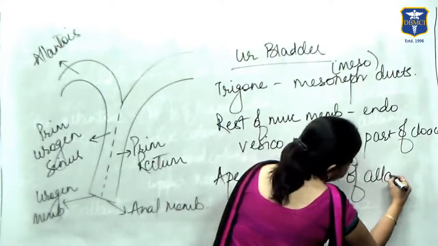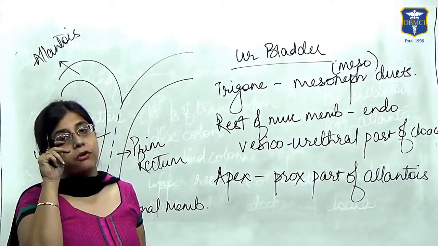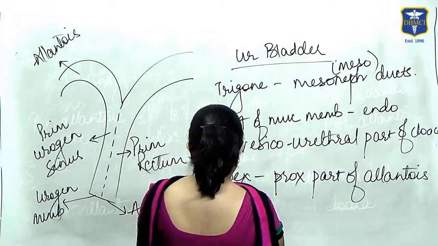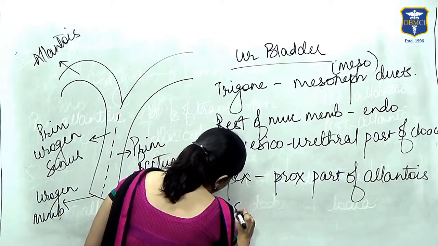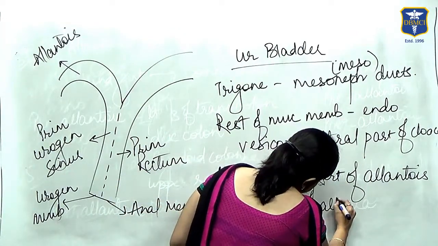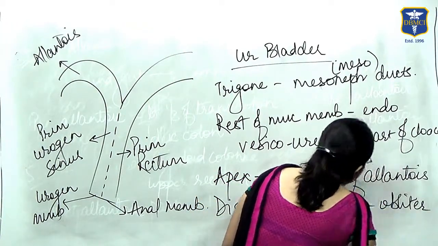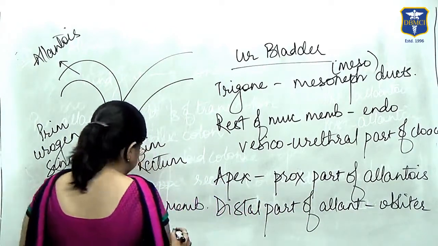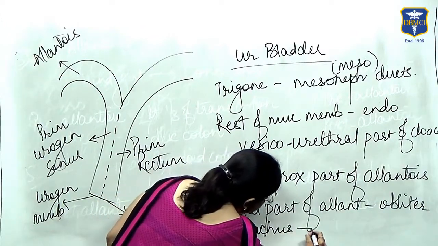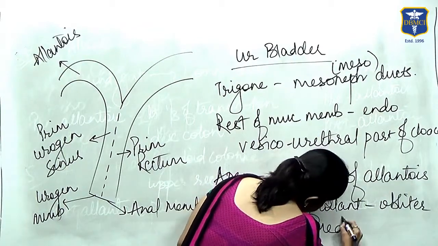So basically the proximal part of allantois forms the apex of the urinary bladder, whereas the distal part of the allantois gets obliterated to form the urachus, which persists as the median.